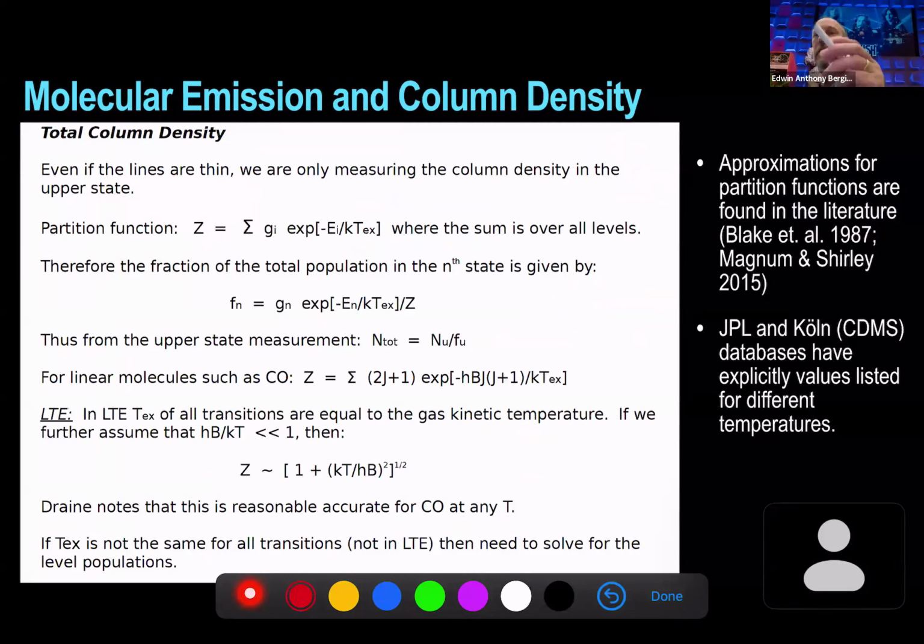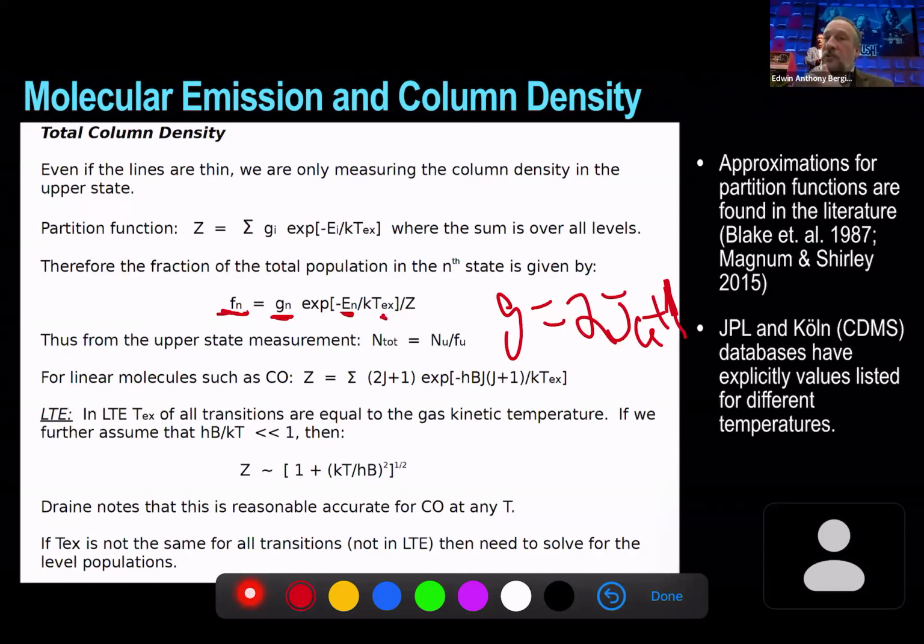That is the fractional population, if I'm in local thermodynamic equilibrium, is equal to a statistical weight, and the statistical weight for a rotational line is 2J upper plus 1. And an exponential at the energy of that state, say the J equals 2 state, like I did, and some measure of the temperature.